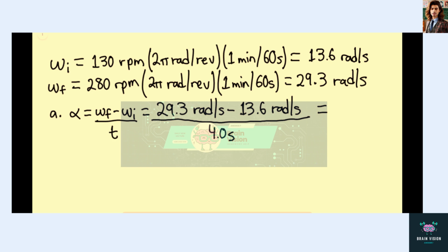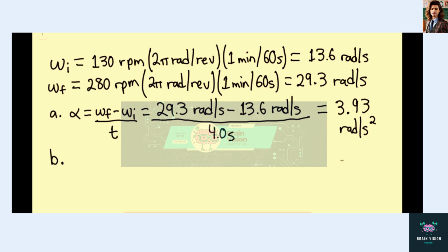This would be equal to 3.93 radians per second squared.